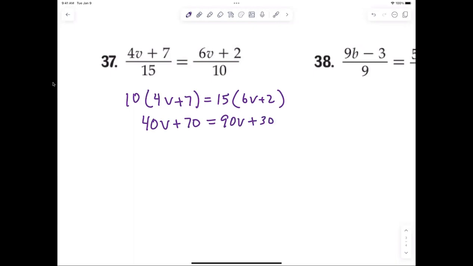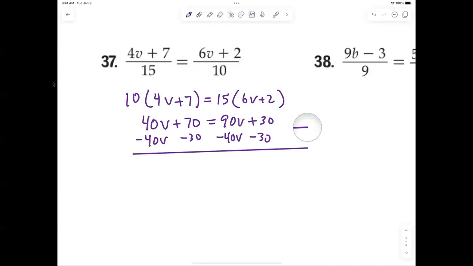Now, do I want to move the 40 or do I want to move the 90? 40, because I want the variable to be positive. So I subtract 40v, subtract 40v, subtract 30. And so 90 minus 40 today is 50v.